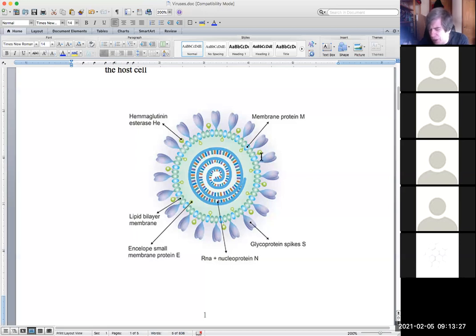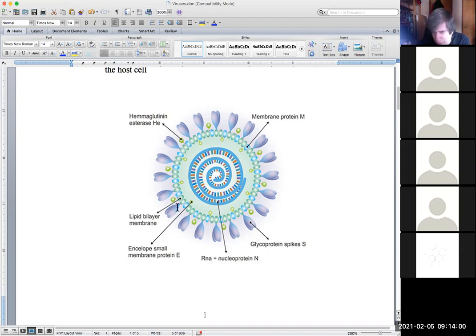They're also the instructions for a protein called envelope small membrane protein E, which is some of these little greenish circles sticking off to the inside. There are also the instructions for hemagglutinin esterase HE, these little green circles sticking off to the outside. And there are also the instructions for membrane protein M.